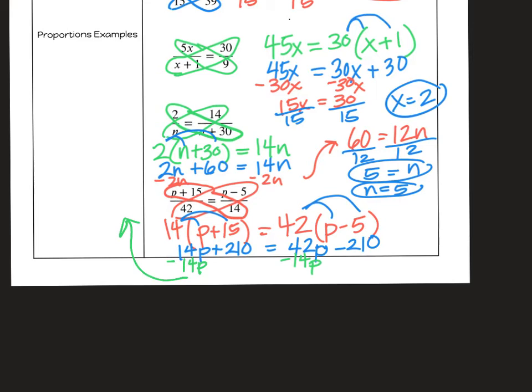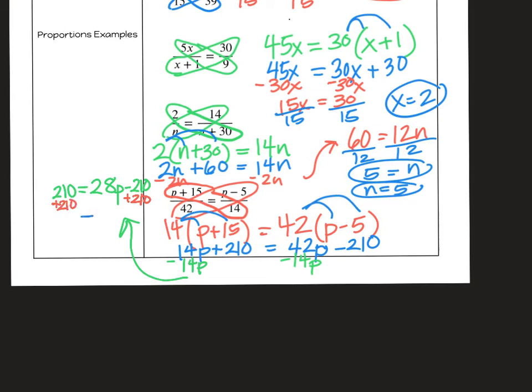And so when I do, on the left-hand side, I'm left with 210. And on the right-hand side, I'm going to have 28p minus 210. Okay, I want the variable by itself, so I need to add 210 to both sides.